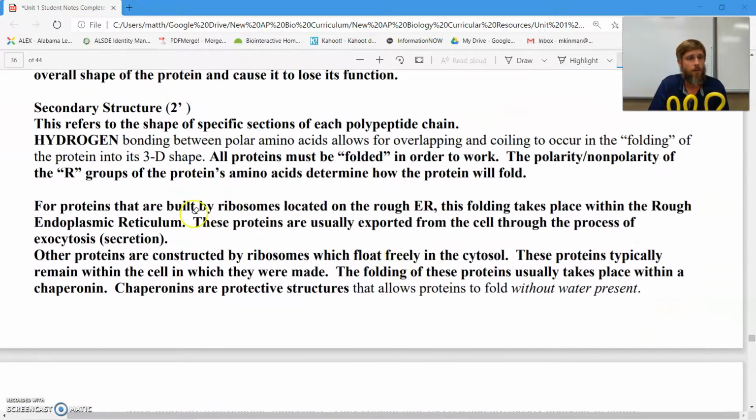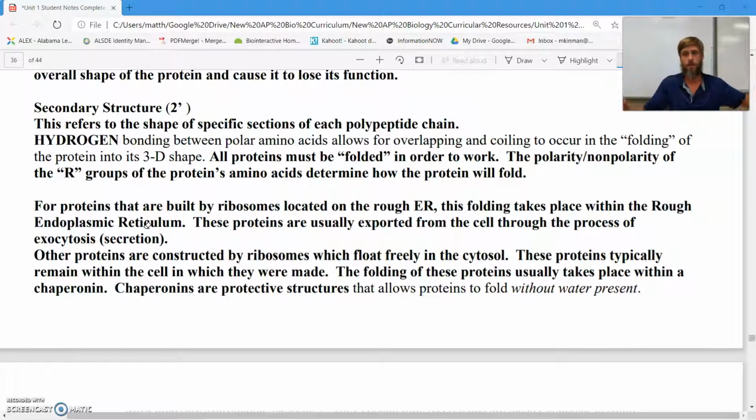All right, so for proteins that are built by ribosomes located in the rough ER, this folding takes place within the rough endoplasmic reticulum. Hopefully you remember from early on that within the cell, you have a rough endoplasmic reticulum and a smooth endoplasmic reticulum. So what does the rough code for?